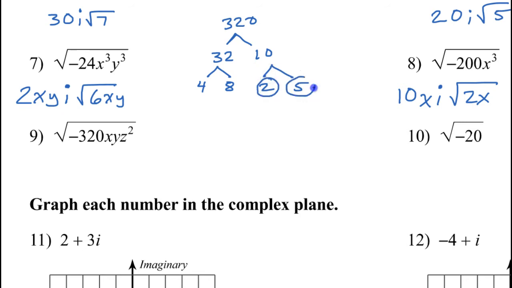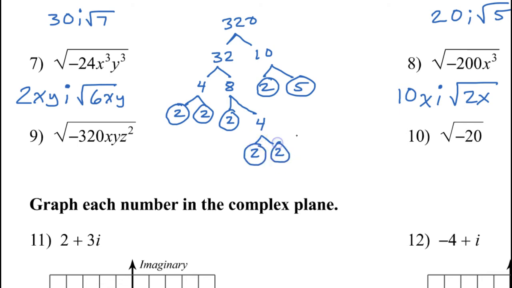These are prime. 4 is 2 times 2, prime. 8 is 2 times 4, and then 4 is 2 times 2.